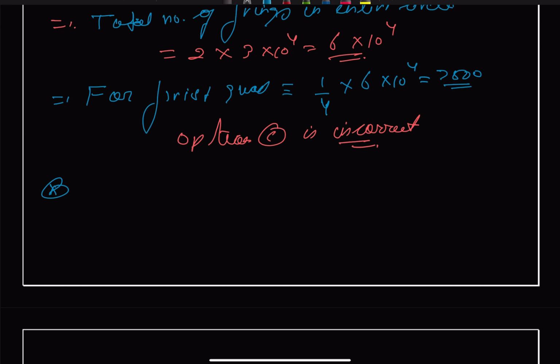For our P2, theta is equal to 90 degrees, which means sine of 90 is equal to 1, and we can say our n max will be equal to d upon lambda, which we just found out is 3 into 10 to the power 4. So option D is also correct.